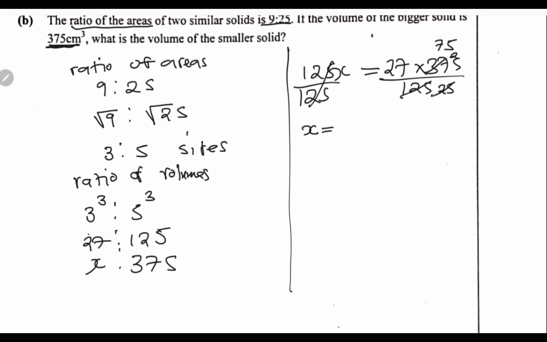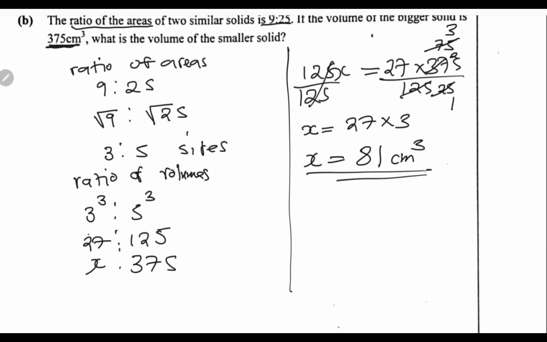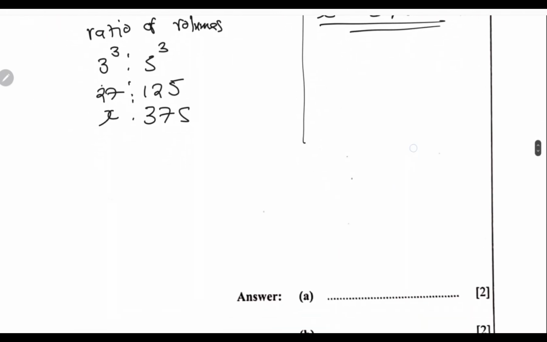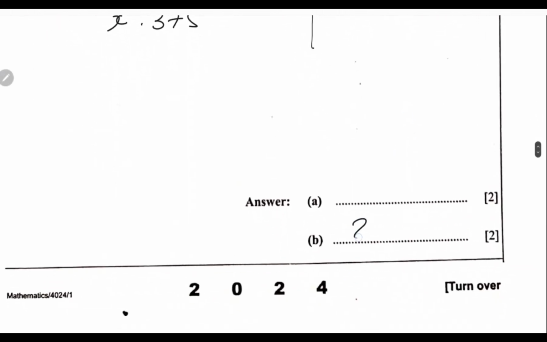So 25 there is 1, 25 there is 3. Then you multiply 27 by 3. My x is 27 by 3. The answer is 81 centimeter cubic. So the volume of the smaller solid is 81 centimeter cubic, and in here we found r is equal to 7.